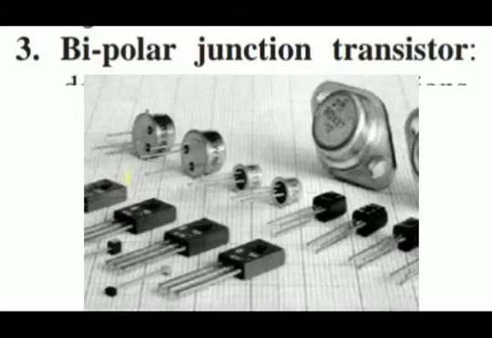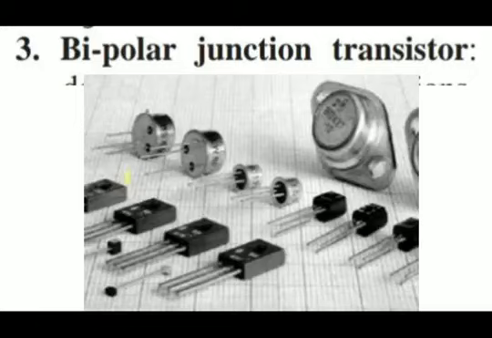In contrast, a unipolar transistor such as a field effect transistor, that is FET, uses only one kind of charge carrier. Here a bipolar transistor allows a small current injected at one of its terminals to control a much larger current flowing between two other terminals, making the device capable of amplification or switching.